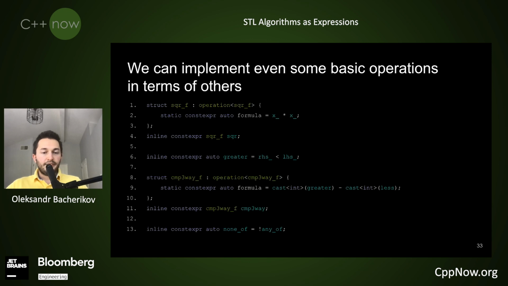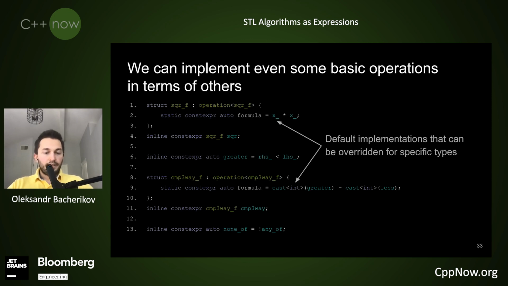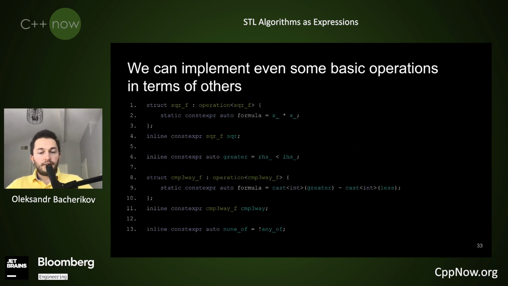On line 9, what you see is actually a bit complicated code, but from what I know, it's the implementation of three-way comparison that generates the best machine code. But yes, it's a bit obscure. And on line 13, we can express none of as a negation of any of.